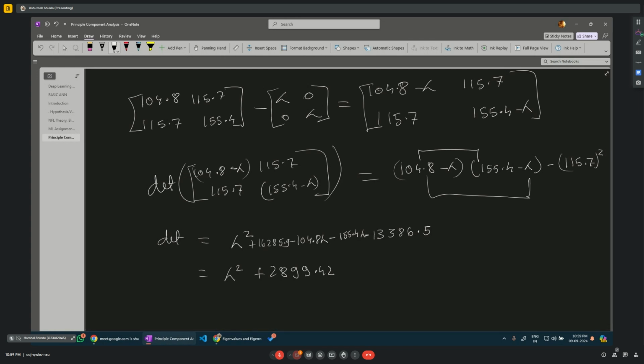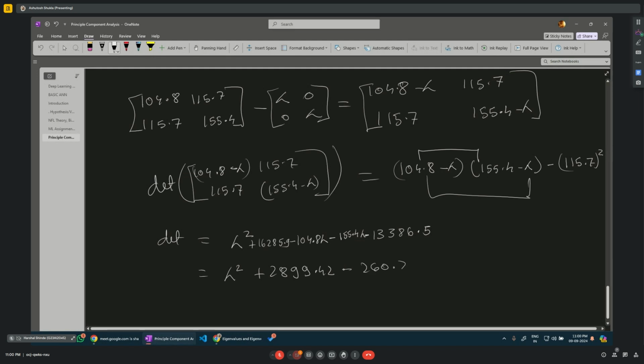And then there is 104.8 and 155.4, so we have to add those: 155.4 plus 104.8 is 260.2, so minus 260.2 lambda. So this is our equation. I'm just going to round it because that will make our life a little simpler: lambda square minus 260 lambda plus 2,900.